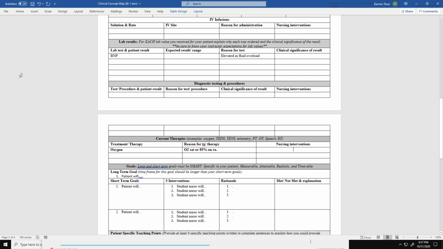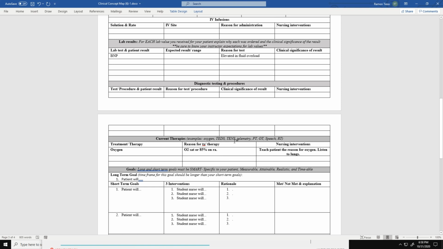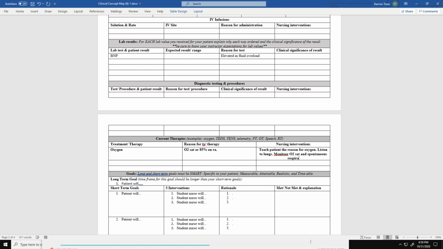And then nursing interventions, teach them the reason for the oxygen, right? You want to listen to lungs. Monitor O2 saturation, right? And spontaneous respirations.